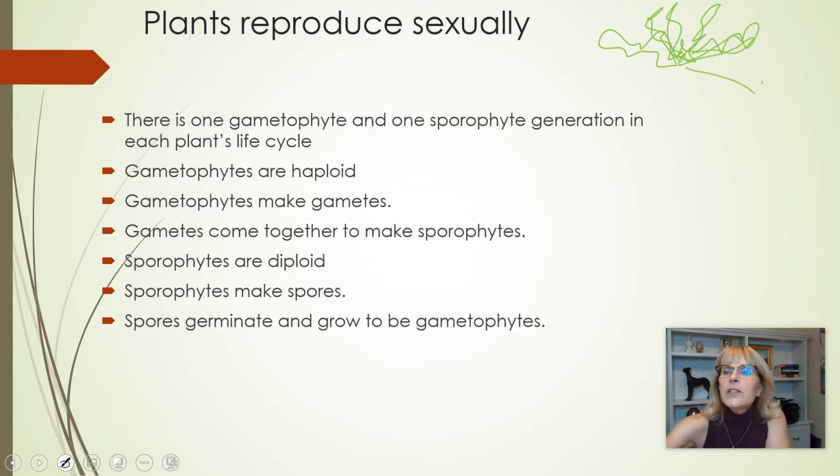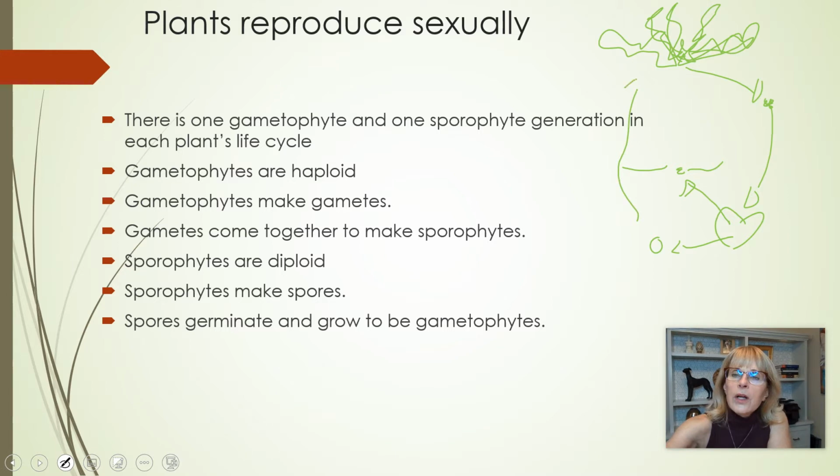Anyway, it sends out a spore, a single cell big, and if that spore lands in the right place, if it's a fern, it'll grow up into a little tiny heart-shaped weird thing. Part of that little heart-shaped thing will make sperm. Part of it will make eggs. And when these two come together, they will make another fern plant.